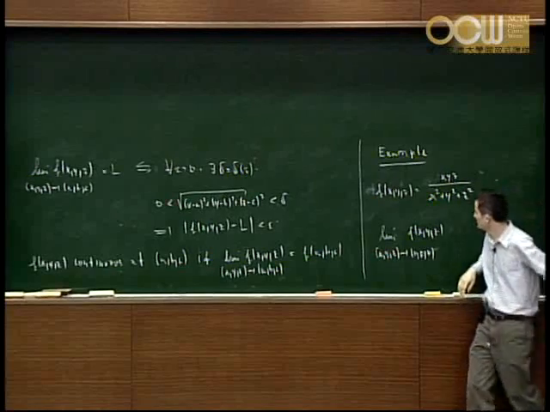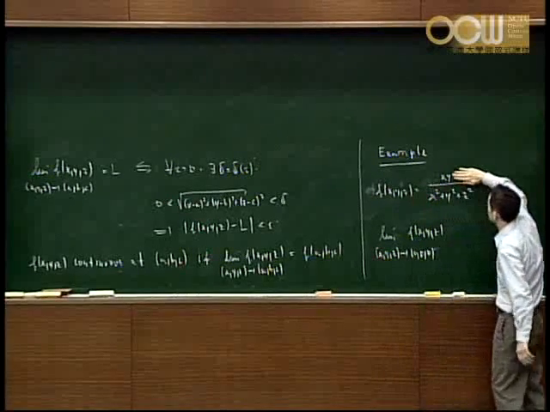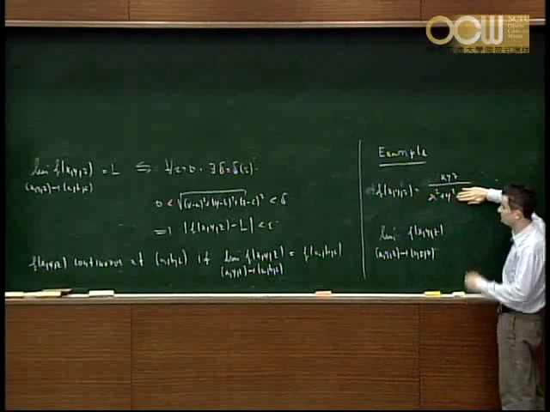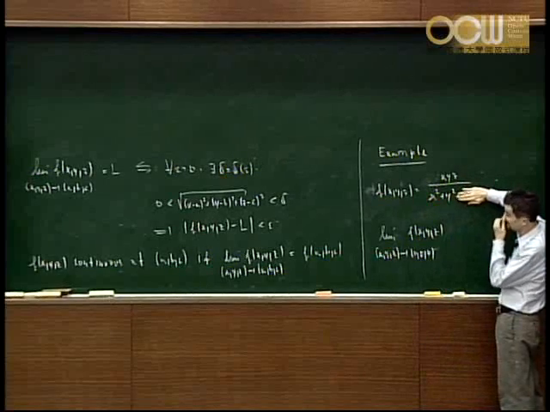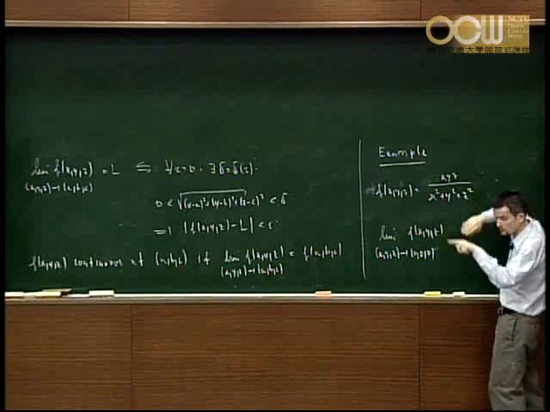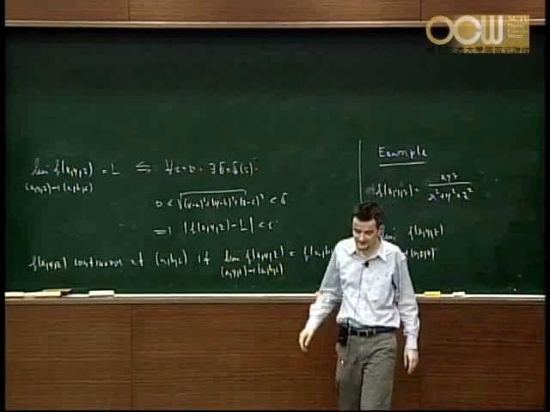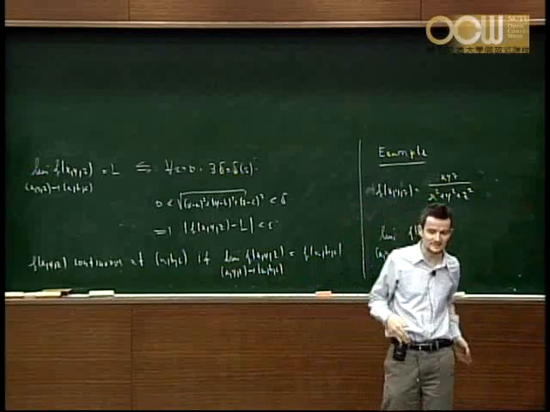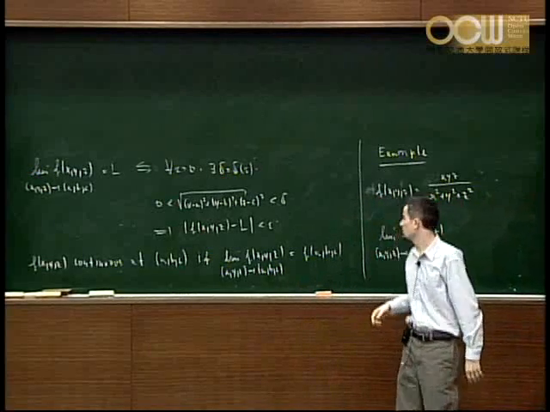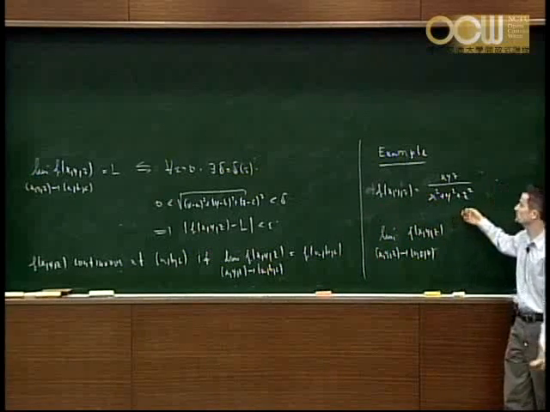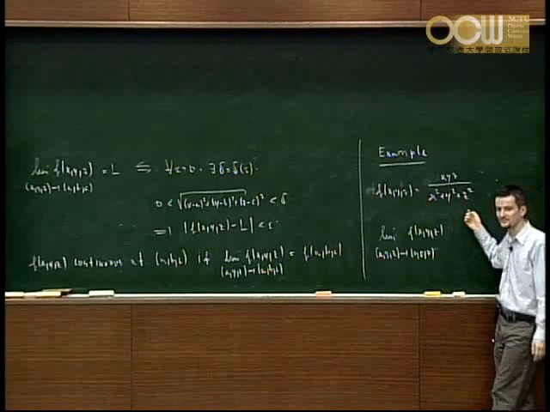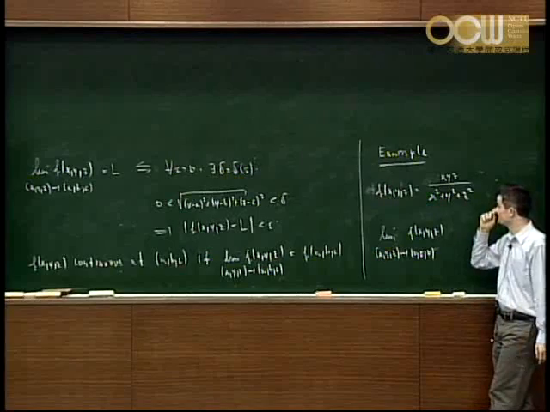You remember, if I forget about the z coordinate and approach along the line x is equal to y, then the limit is 1/2. But if I approach along other axes, the x-axis, the y-axis, the limit is 0. So the natural guess would be this limit does not exist, but this limit exists.